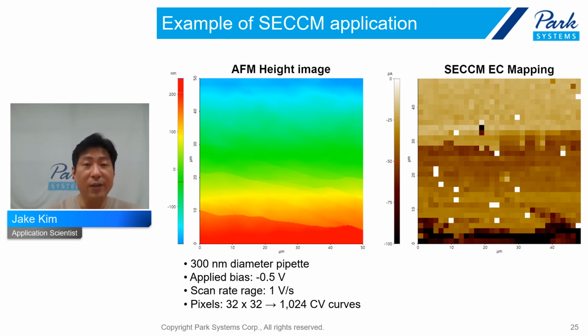A few layers and step edges are visible using AFM, and the contrast shape matches well with this SECCM mapping image, which shows the EC response of different graphene layers and step edges.